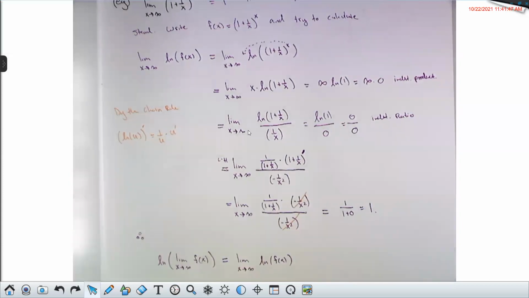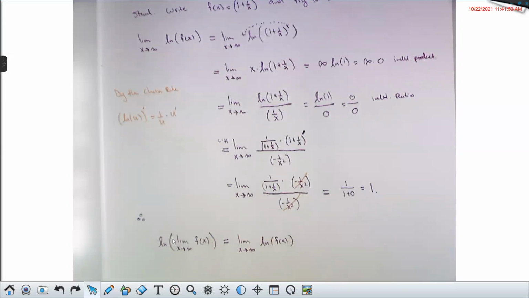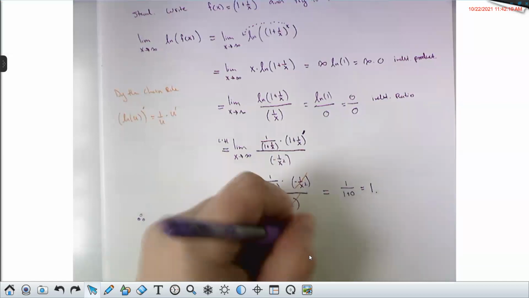Remember, one of our rules is that limits can pass in and out of continuous functions. As long as we stay away from 0, the natural log is continuous. So the ln of the limit of f of x is the same as the limit of the ln of f of x. And the limit of the ln of f of x we just discovered is 1.